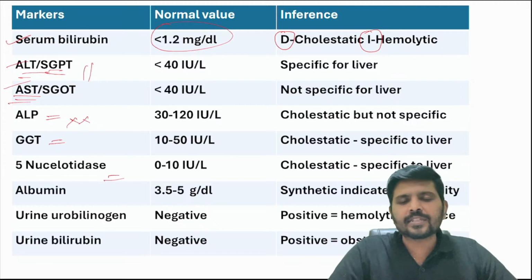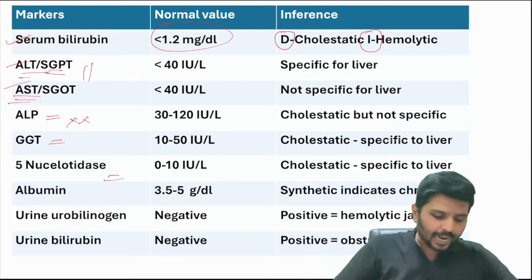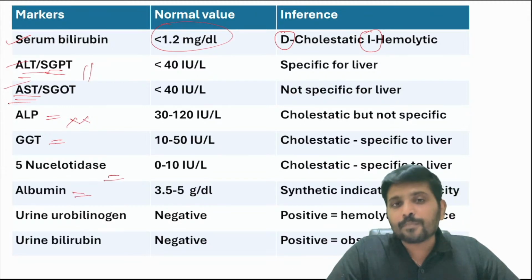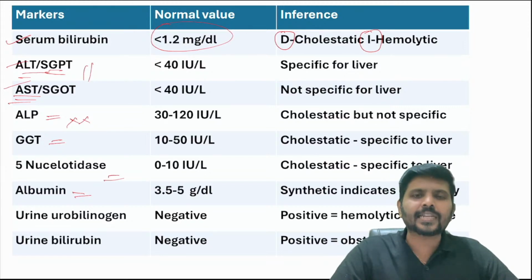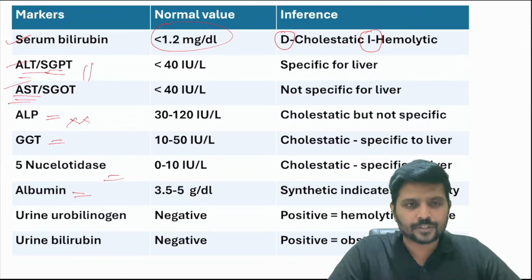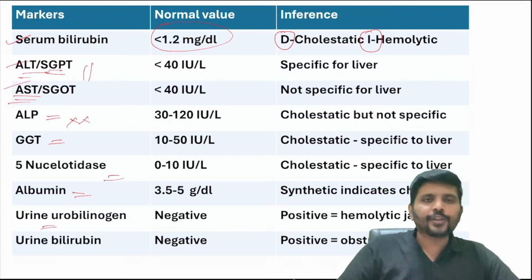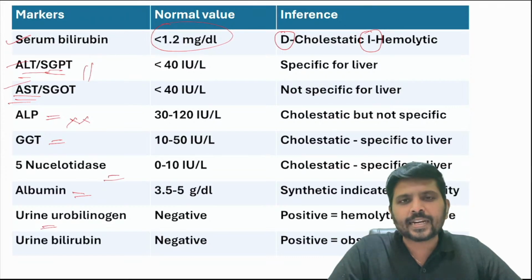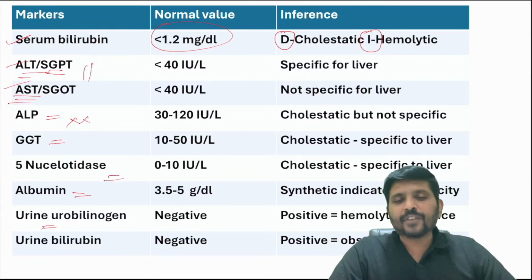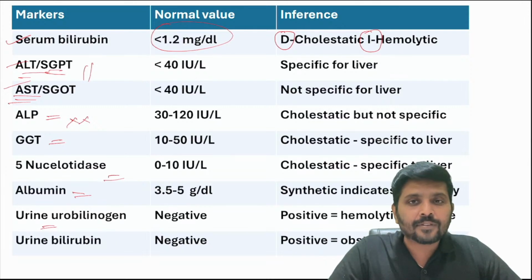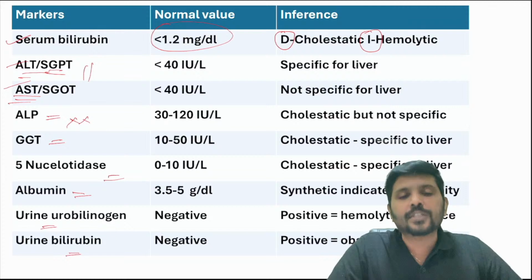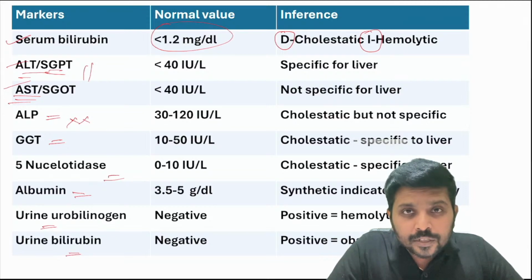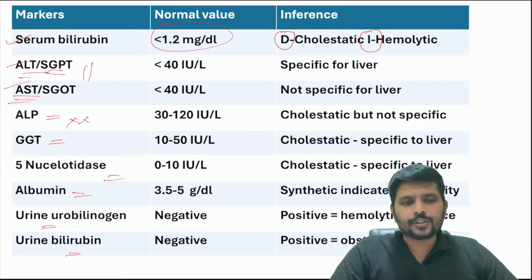And then you have synthetic function. Your albumin: if albumin is less than 3 grams per deciliter, it indicates a case of chronic liver disease. And finally, urine urobilinogen is usually negative in urine. If it is positive, it is a case of hemolytic jaundice.